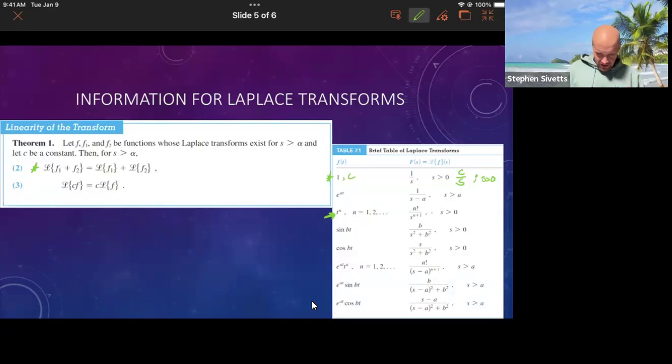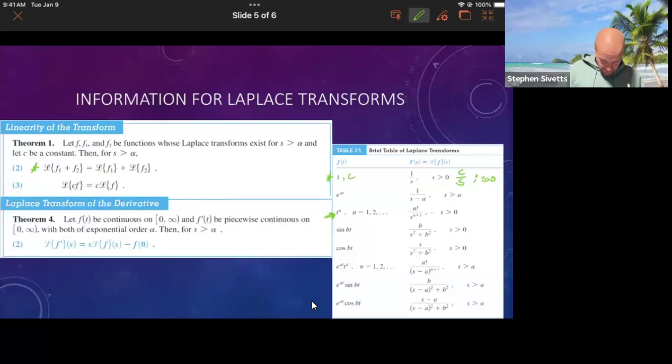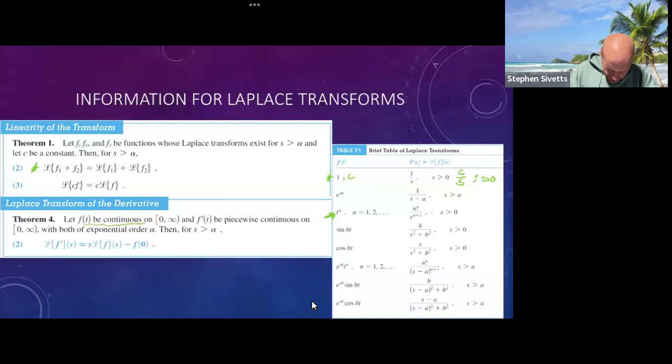And the third fact is using Laplace transforms for derivatives of functions. This is what we went over. So if f of t is a continuous function and f prime of t exists and is piecewise continuous for every non-negative number, then for s greater than alpha, the Laplace transform of f prime is equal to s times the Laplace transform of f minus f of zero.